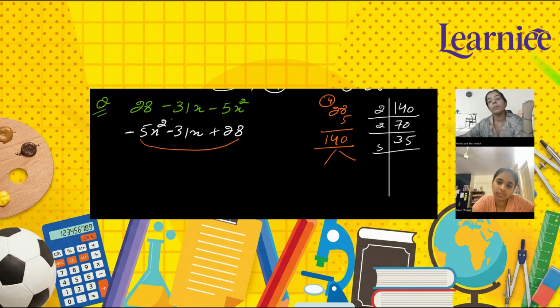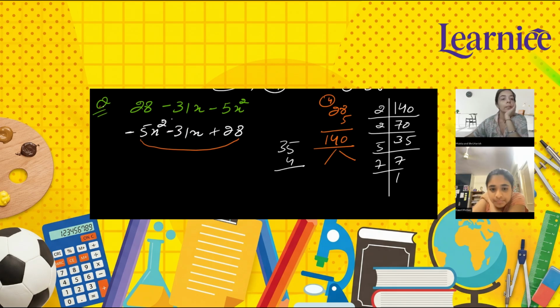Now you have to think: which values should I take so that in multiplication I get 140, or if I add or subtract I get 31. 2 twos are 4, 4 fives are 20. 20 and 7, no, not possible. 5 twos are 10, 10 sevens are 70. Not possible. 5 sevens are 35, 2 twos are 4.